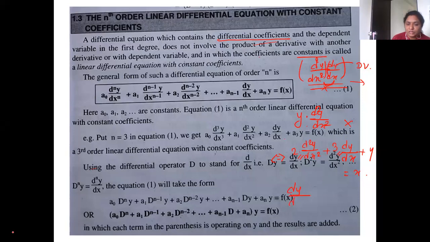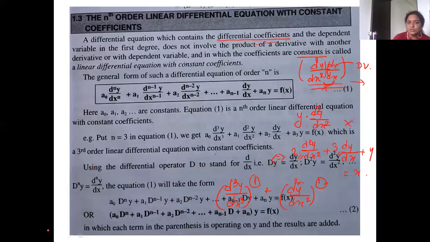Whatever is this dy by dx or d2y by dx square in your equation, for dy by dx the order is 1, and here the order is 2 and the degree is 1. So if there is any other term, say d cube y by dx cube, it must have degree 1 always.